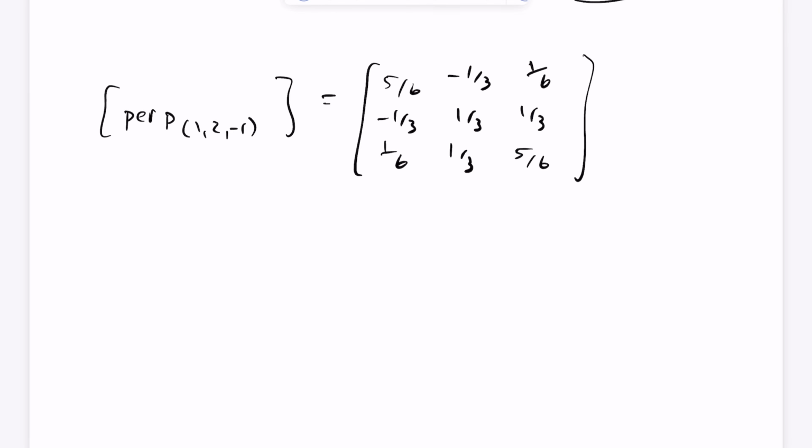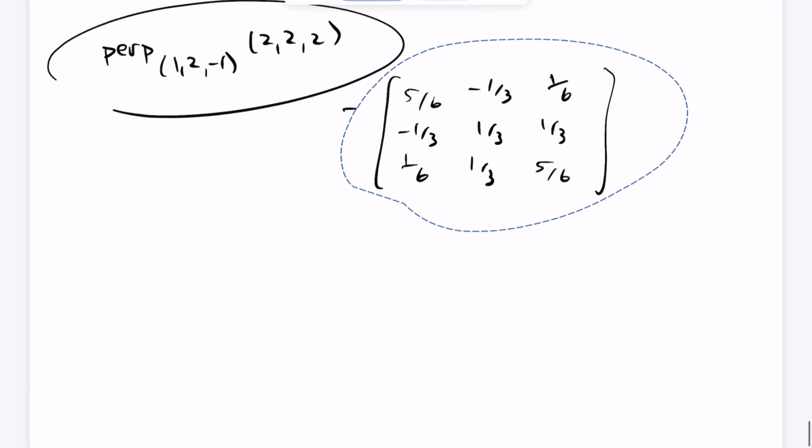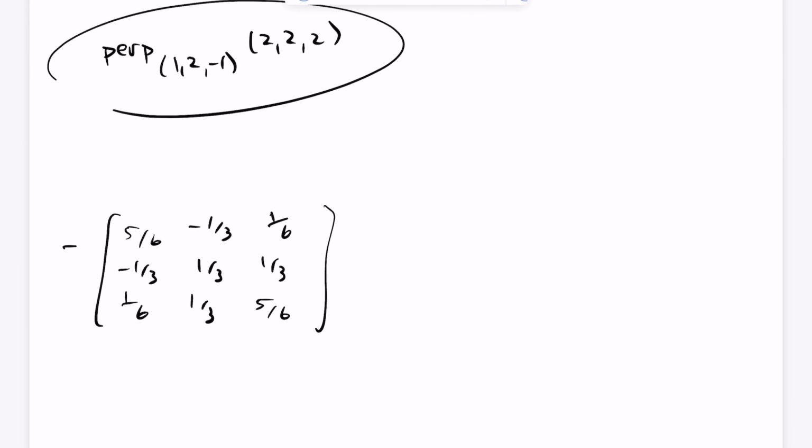All right, let's take a look at the perpendicular projection. The question's asking, what's the perpendicular projection of 2, 2, 2 onto here? The only thing you have to do is take your perpendicular projection map and multiply this by 2, 2, 2.